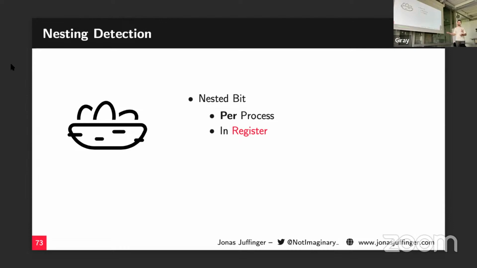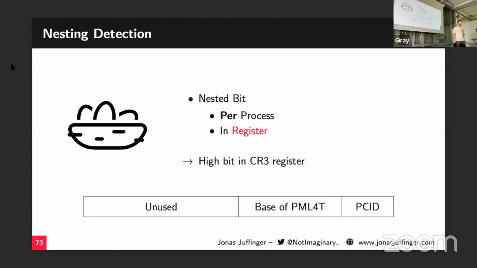And there's exactly one bit that fulfills both requirements, and that's the CR3 register, because it's per process and it's always in the CPU while the process is running. And it has a lot of unused bits in the top, and we just use one of those unused bits for the nesting bit. And then we can always detect nesting and never have a problem with that.